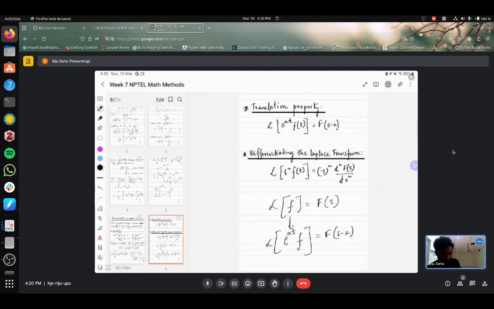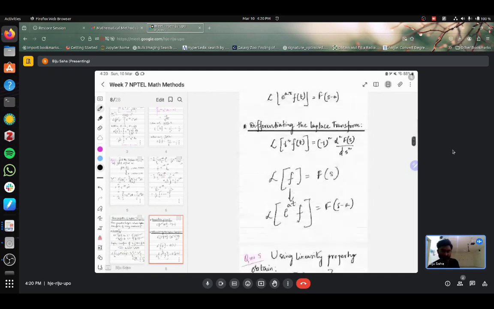The argument is no longer s, it is s minus a. So basically you just replace your s with s minus a and you will get the Laplace transform of this particular function.